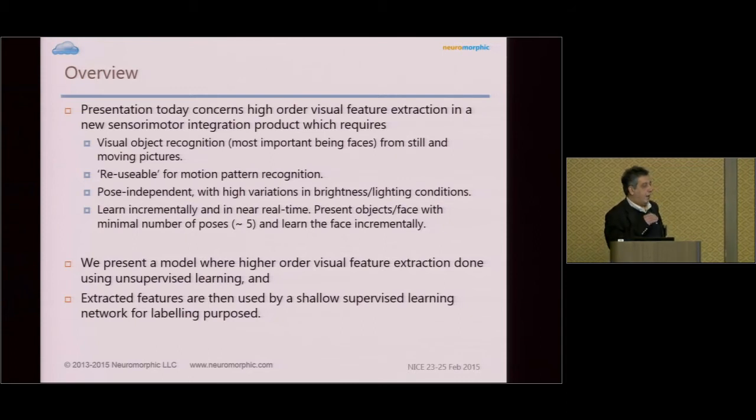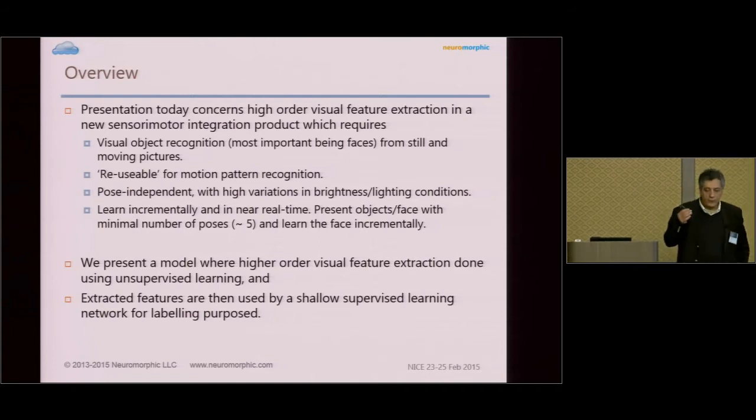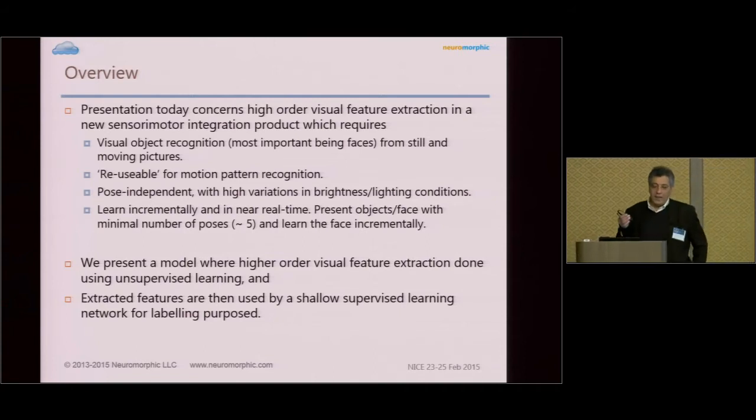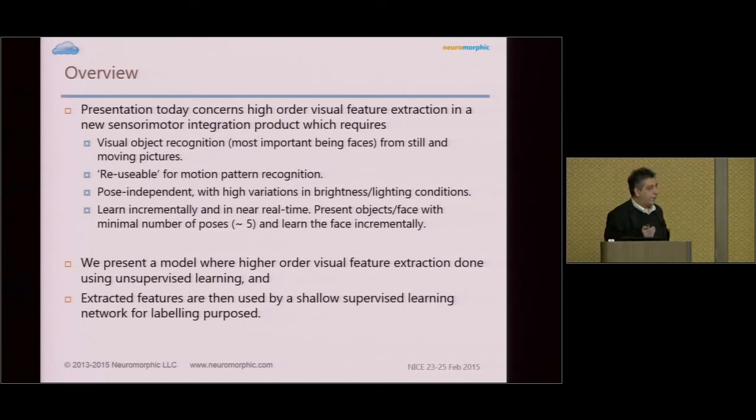The model we will be presenting is the actual feature analysis, and to test the goodness of this feature analysis, we basically label the features or the collection of features using a shallow network that is a two-layer supervised learning-based neural network.